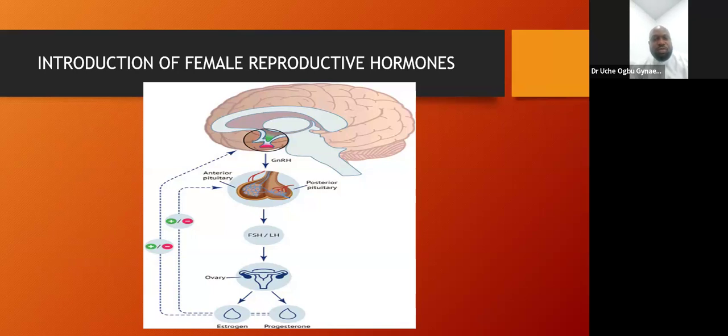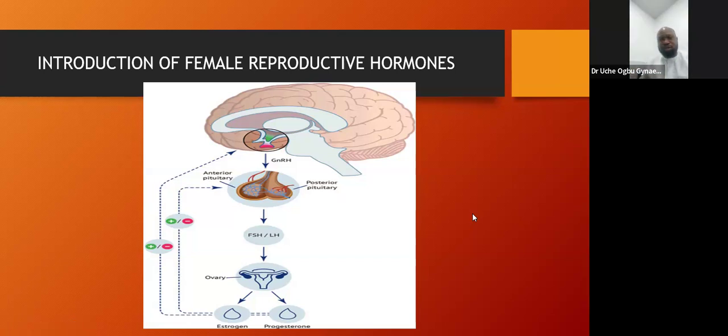I'll try as much as possible to break it down in a way a layman will understand, but there are certain terminologies that there's no other way you can say. The first hormone is secreted in the hypothalamus, and they are generally called the gonadotropin-releasing hormones.